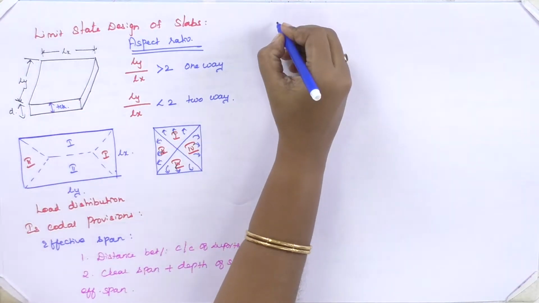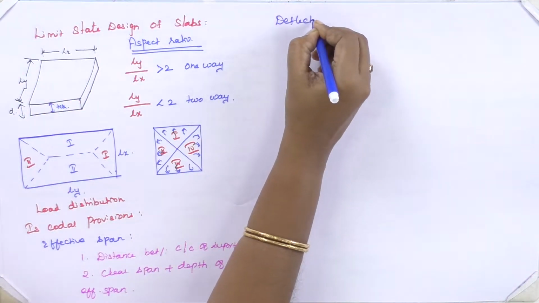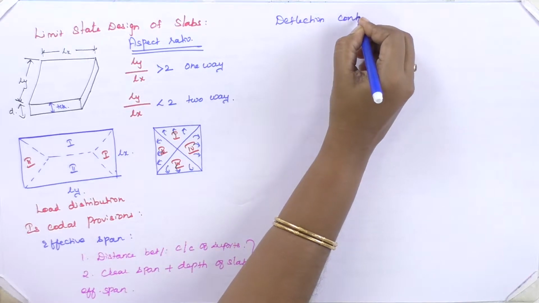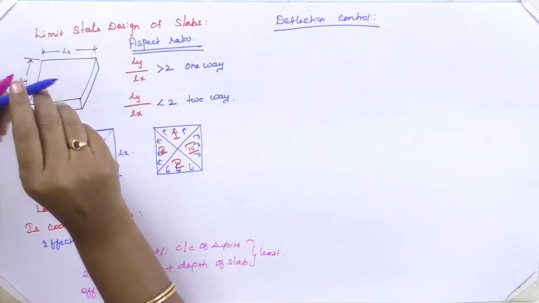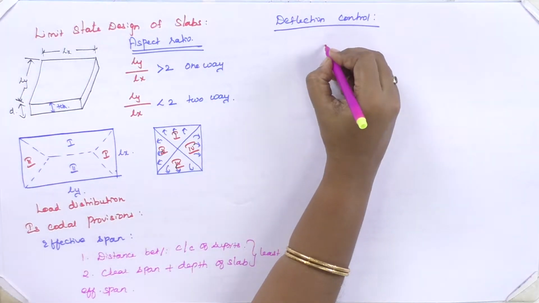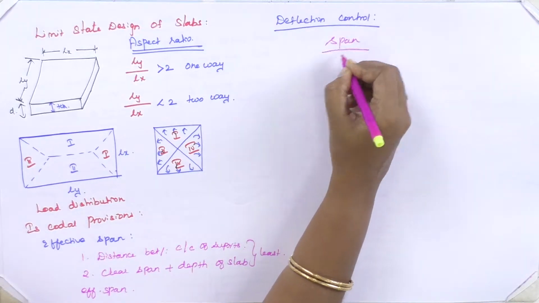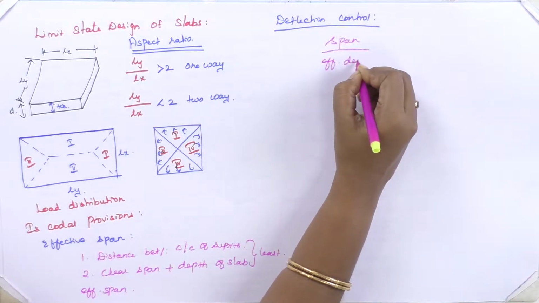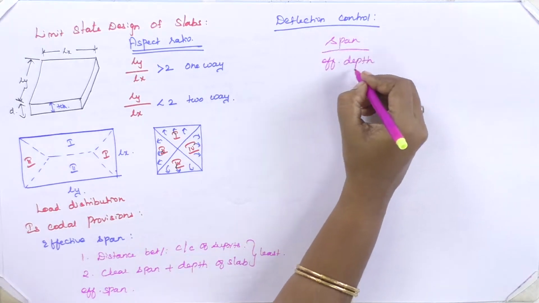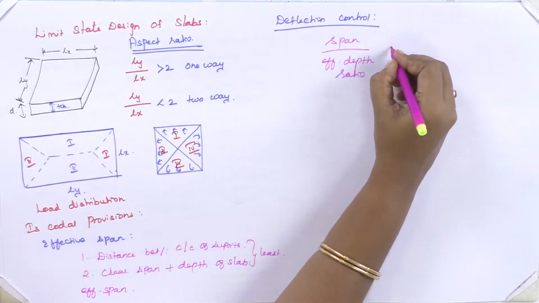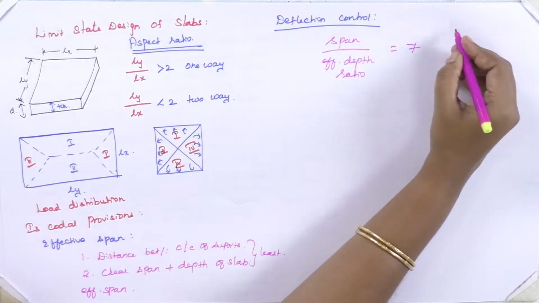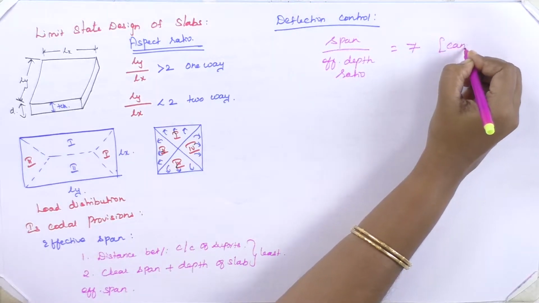Second one, deflection control. As per our IS codal provision, deflection control is given by the span by effective depth ratio. When it is equal to 7, it is for cantilever.